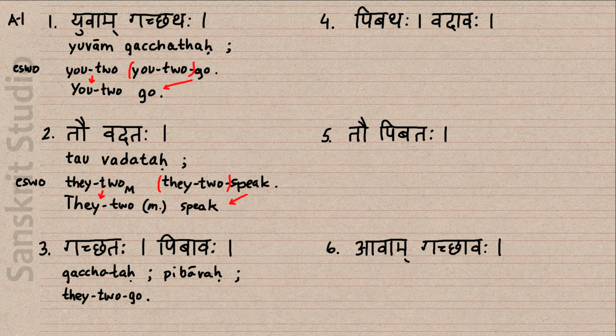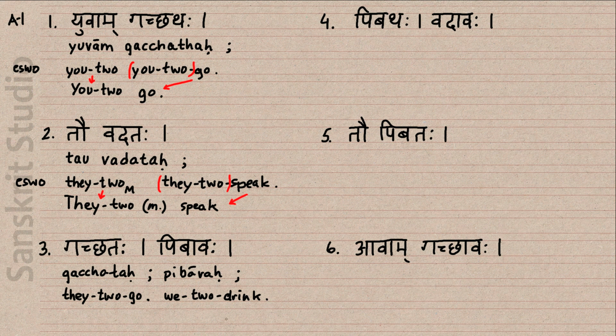And then we have another no pronoun in sentence 2 here, pibavaha. So what do we do? Well, we just similarly write we two drink, because it's pibati, we two drink.